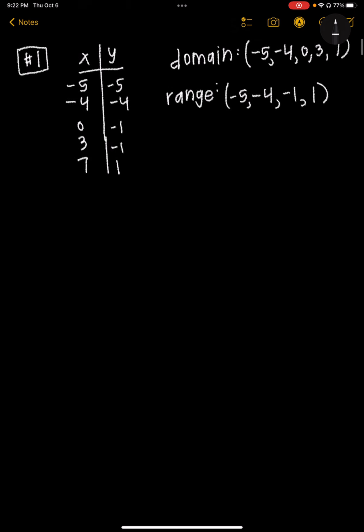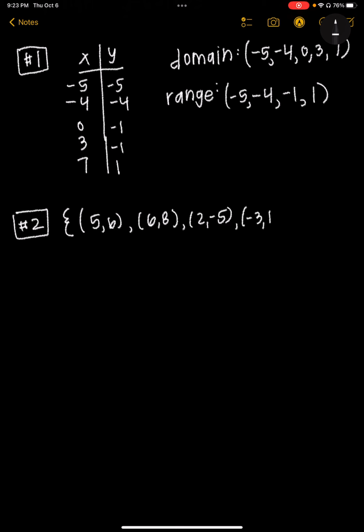Okay, let's go through another example, and this example is with coordinate pairs. Let me write them all out. We can set it up in a table if we want to, but really what we're doing is saying the domain is the x values.